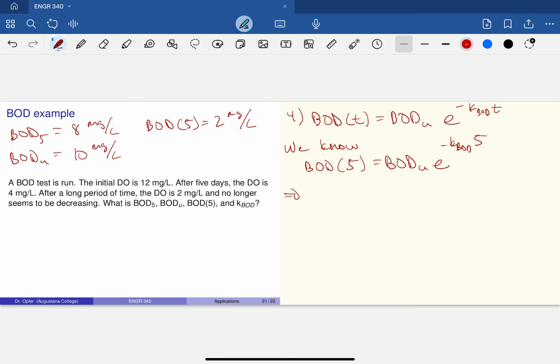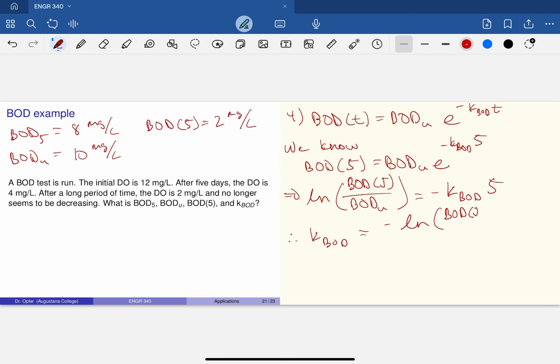So let's see, how do I want to do this? Let's do the natural log of BOD of 5 over BODU. That's going to be equal to minus KBOD times 5. So therefore, KBOD is equal to minus the natural log of BOD of 5 over BODU, divided by 5.